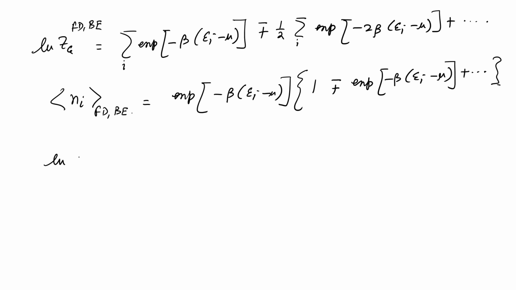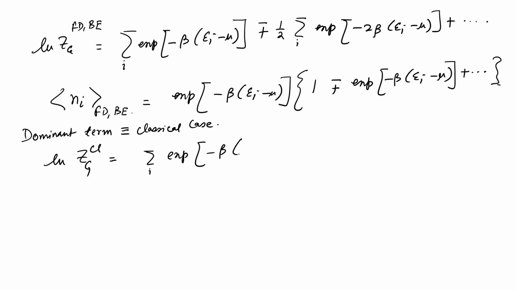So, for the log of Zg, the dominant term or the leading term is equal to the classical case. So, this classical will give rise to a summation over i exponential minus beta epsilon i minus mu.